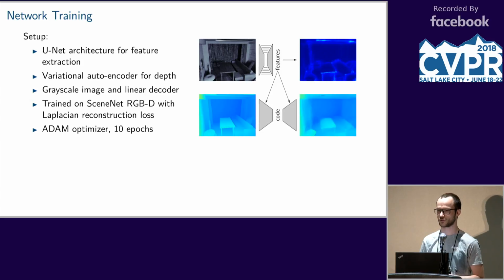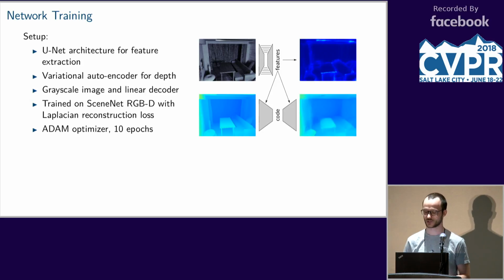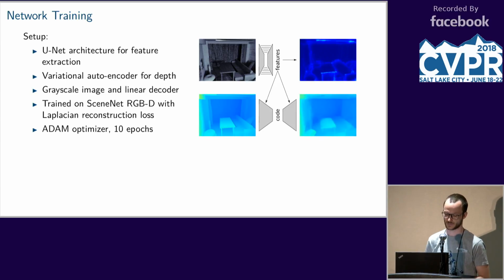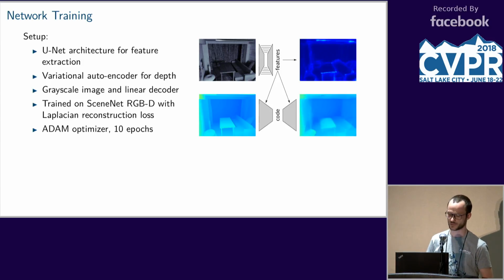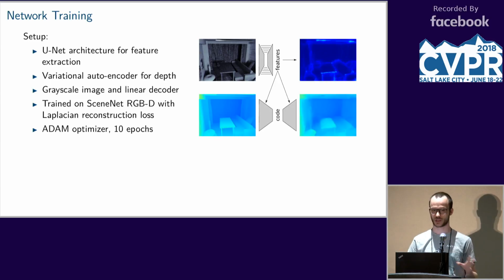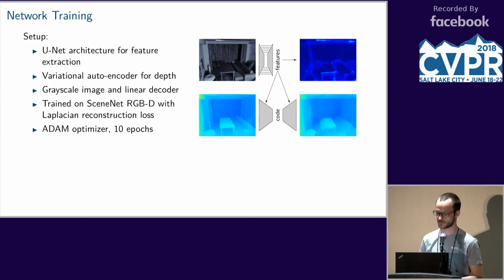So there are no non-linear activations, so we don't use ReLU, for instance, just for the decoding of the depth. I'll come back to this part later. Then we train this on CNET. We use a Laplacian loss in order to allow for self-supervised training of our uncertainties. We use an ADAM optimizer for 10 epochs. And we trained everything end-to-end from scratch.